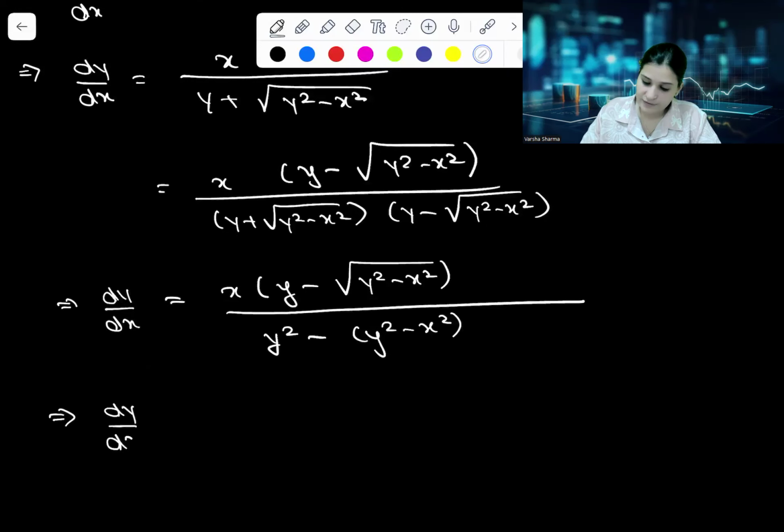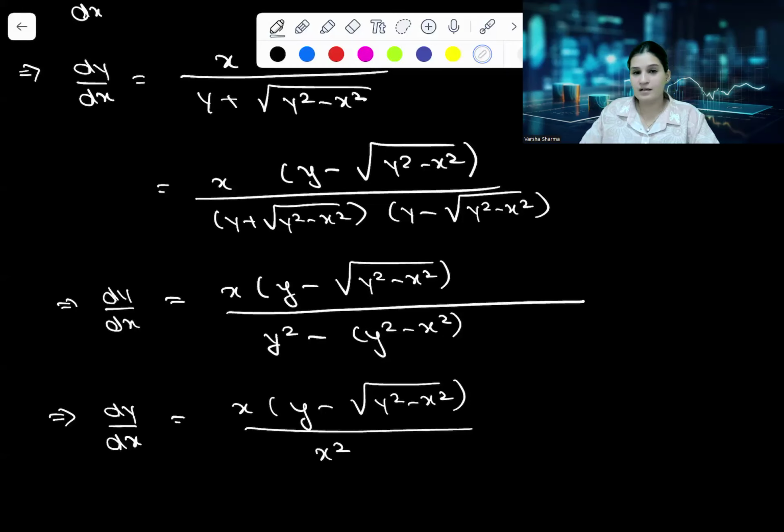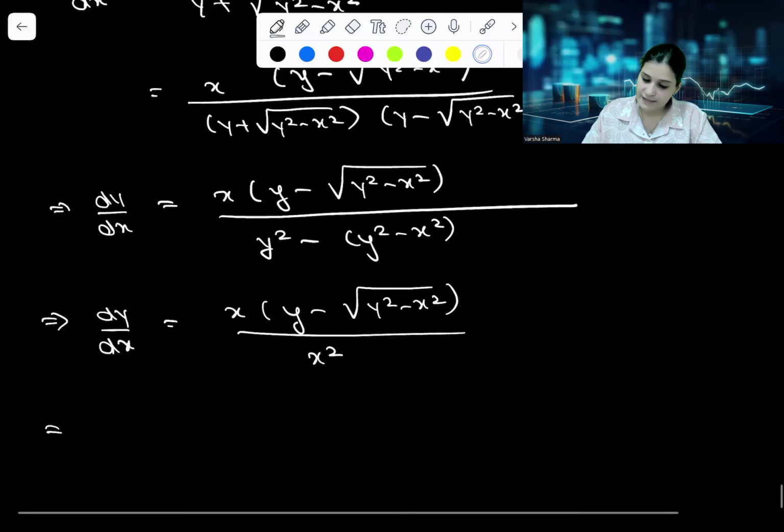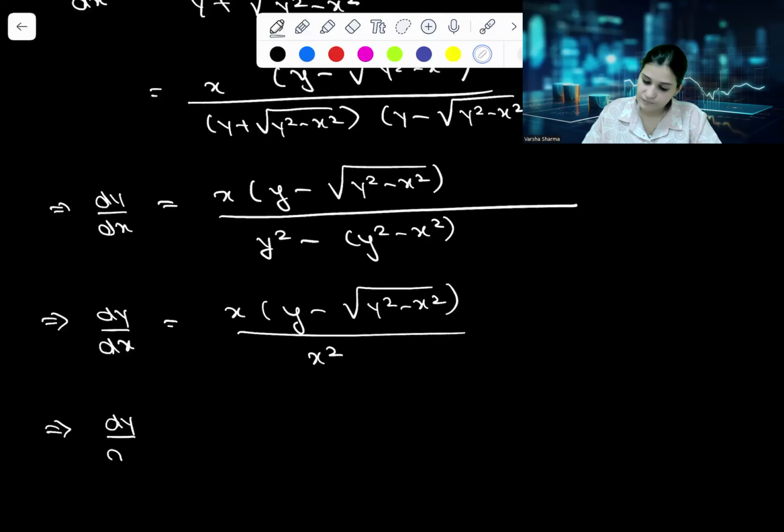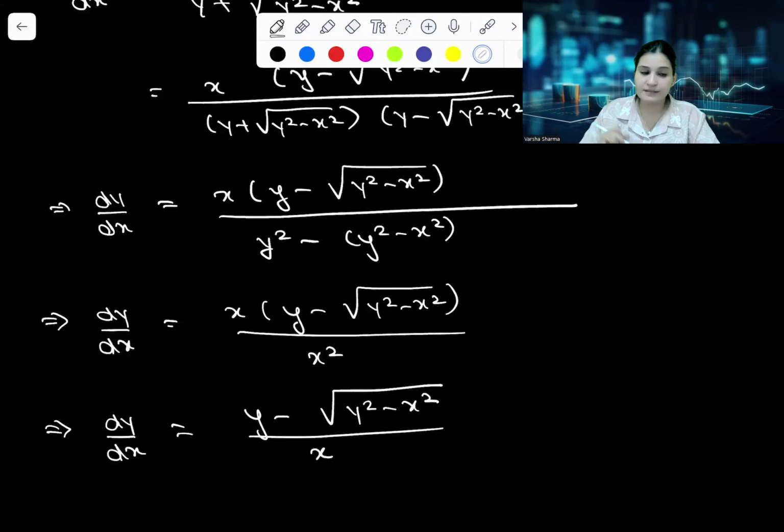So dy by dx, the denominator is x square. One of the x gets cancelled. Y minus under root y square minus x square by x.